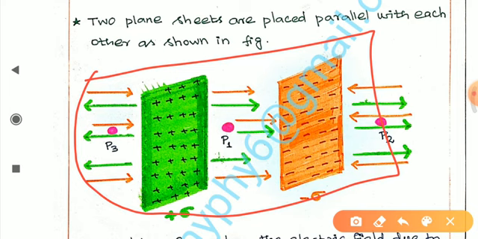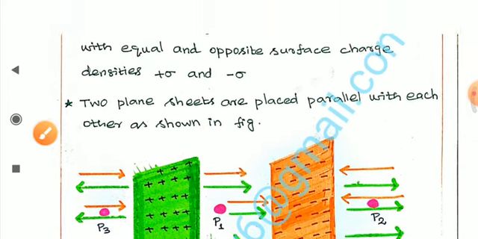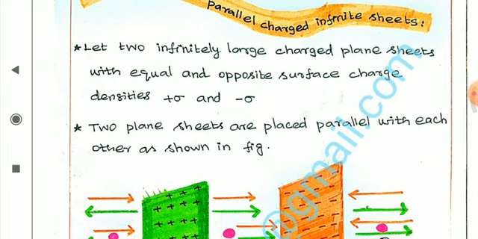Now you can raise one question: if the positive and negative sheets are interchanged, there will be no change in the electric field produced by the two parallel plane charged sheets. Before going to the derivation, we can discuss the diagram.